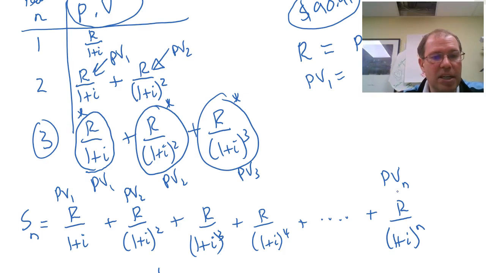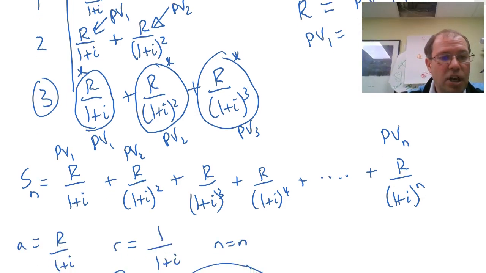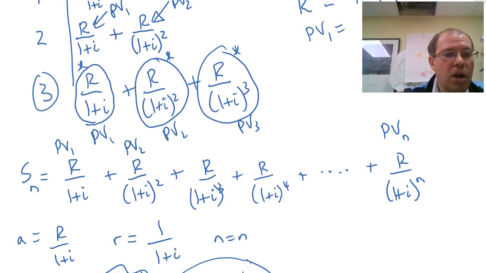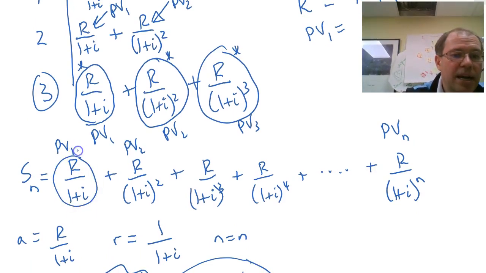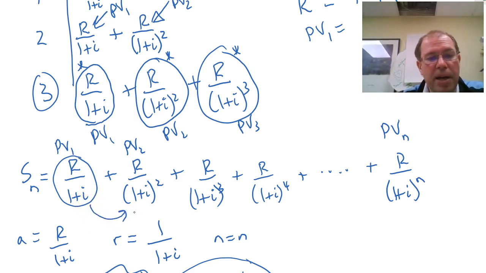And so this is a geometric series. The first term is R over 1 plus i, the common ratio to get from one term to the next is 1 over 1 plus i, and the number of terms is n.